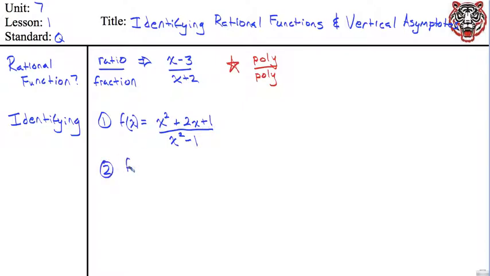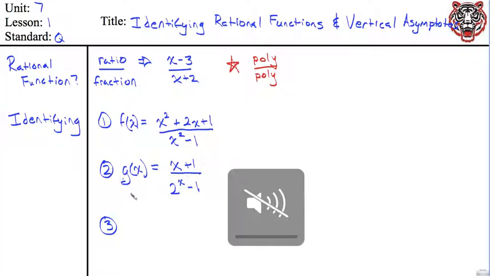Number 2, we'll do a different letter. We'll do g of x. That's going to be x plus 1 divided by 2 to the power of x minus 1. And the last one, number 3, it's really annoying.